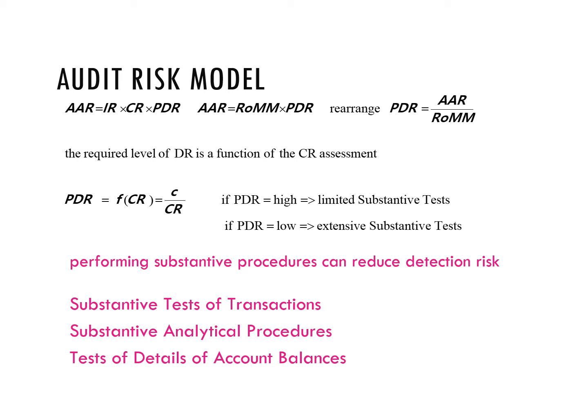We can limit the extent of our substantive testing. We can rely on their internal controls and limit our substantive testing. If we believe their controls are not effective, then we'll assess control risk as high and plan detection risk must be low, and we must perform extensive substantive tests.